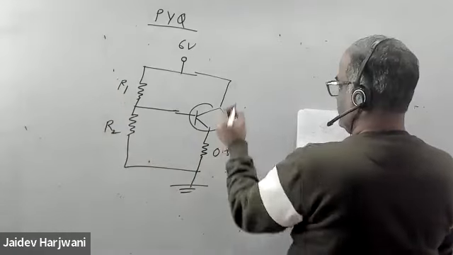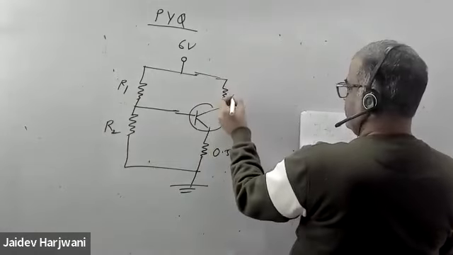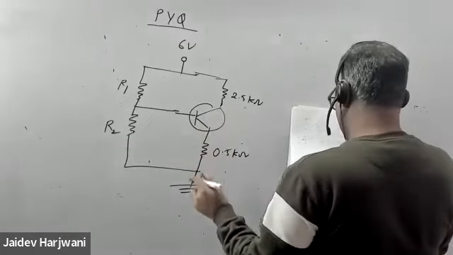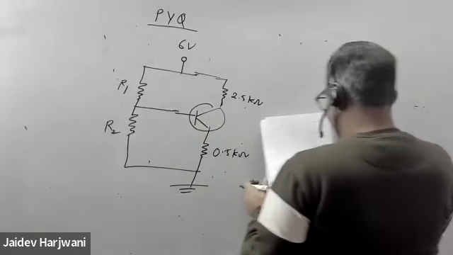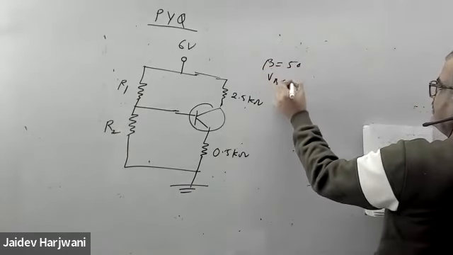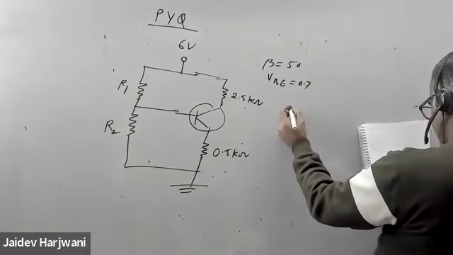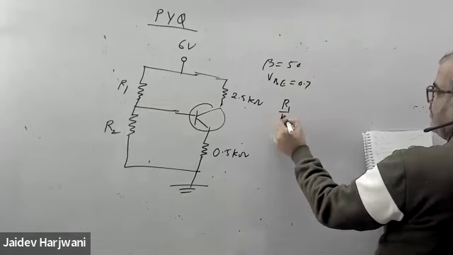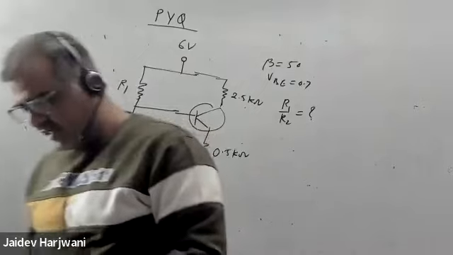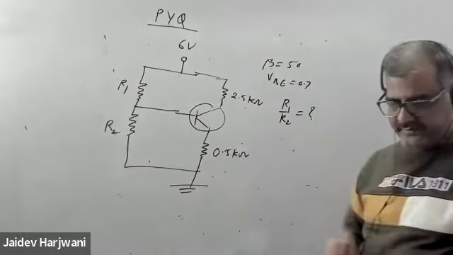And here one resistance is 2.5 kilo ohm and 6 volt. Beta is given 50 and VBE is given 0.7. The question is asking what is the value of R1 upon R2. Find the value of R1 by R2. Calculate.